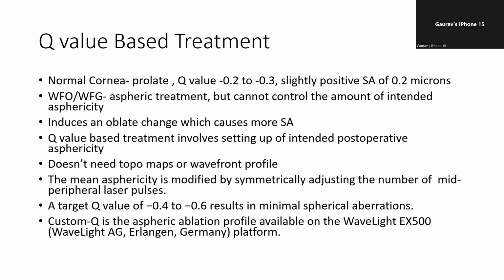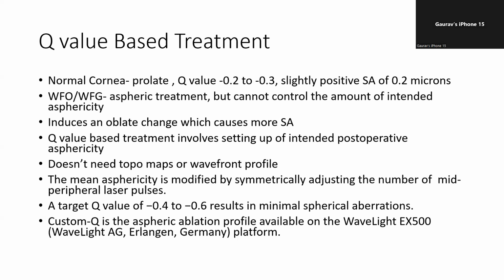So coming to another modality of treatment which is available on the newer excimer lasers is the Q value based treatment. Basic anatomy tells us that the normal cornea is prolate and the Q value is between minus 0.2 to minus 0.3. Essentially, it should be between 0 and minus 1. The normal cornea has a slightly positive spherical aberration of 0.2 microns.